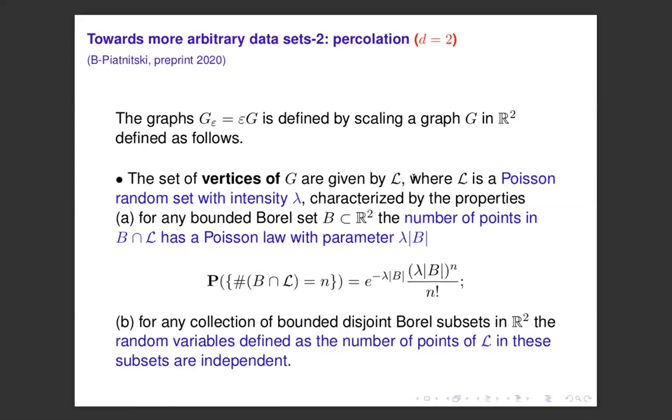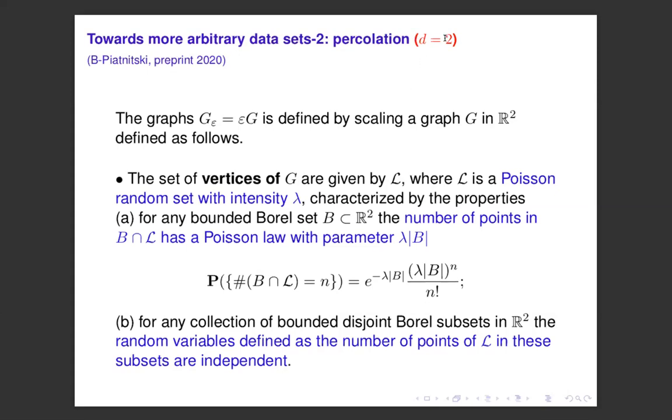So this is the case of Poisson random sets. The vertices of the graphs are given by a Poisson cloud, a Poisson random set with some intensity lambda, which is just a set of points distributed according to this law in Rd.